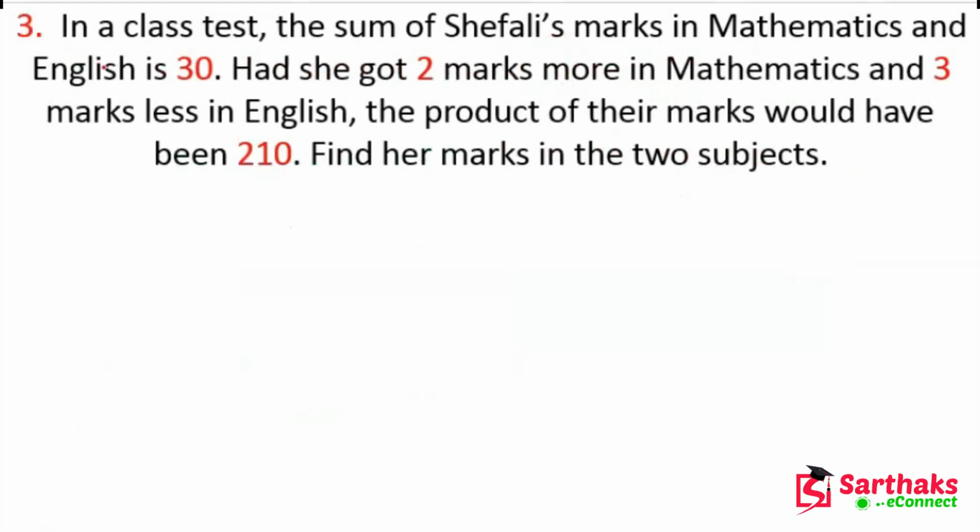The next question is: in a class test, the sum of Shefali's marks in mathematics and English is 30. Had she got 2 marks more in mathematics and 3 marks less in English, the product of their marks would have been 210.